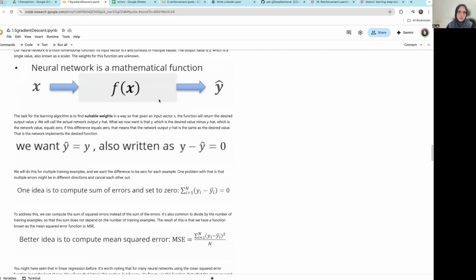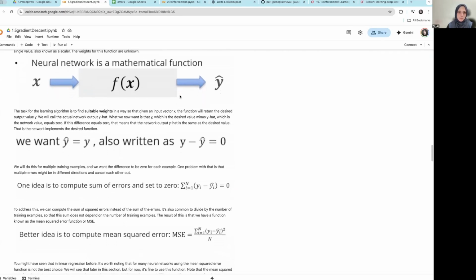A neural network is a mathematical function, as you can see here. The task for the learning algorithm is to find suitable weights in a way so that given an input vector x, the function will return the desired value y. We will call the actual network output y hat. What we now want is that y, which is the desired value, minus y hat, which is the network value, equals 0.